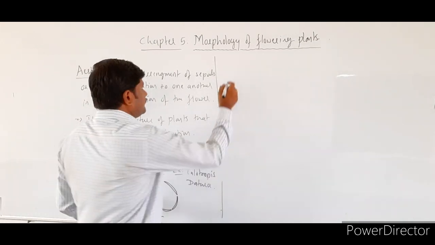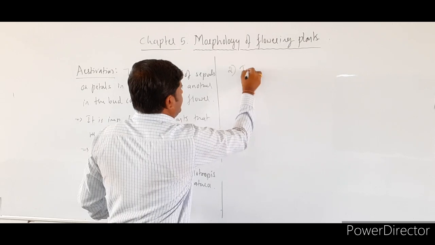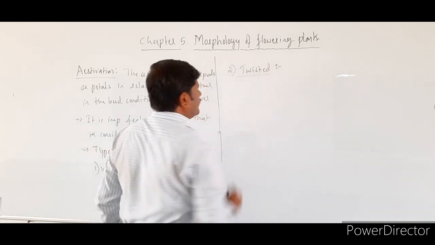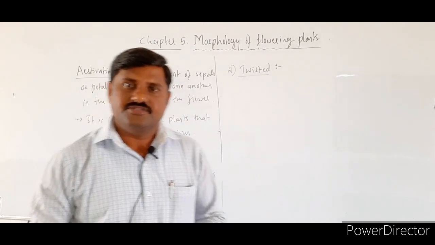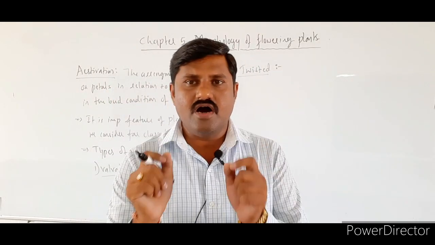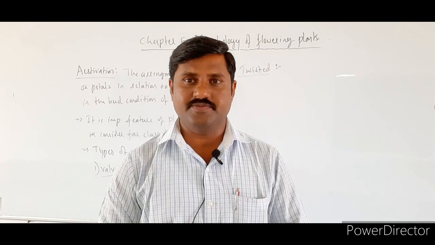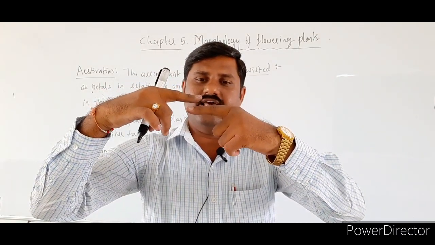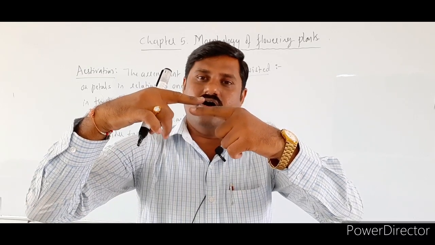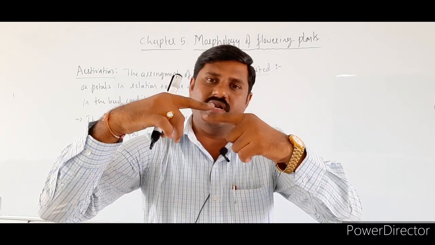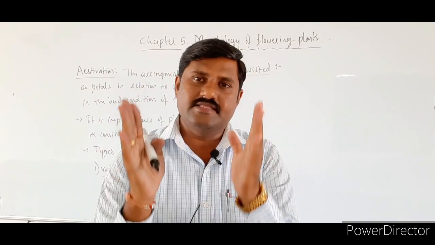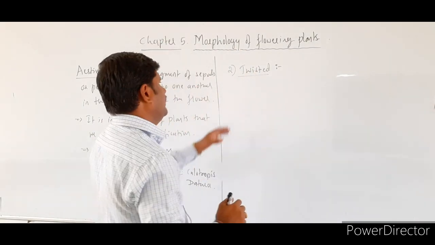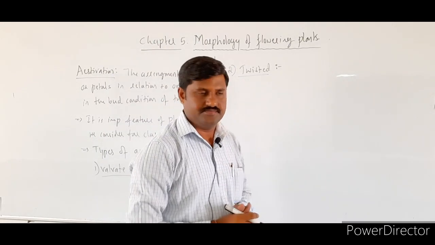In the same way, the second one is twisted estivation. Twisted in the sense that the sepals or the petals, during arrangement, overlap one on another like this. If all the petals and sepals overlap on each other, then that estivation itself is known as twisted estivation, right?